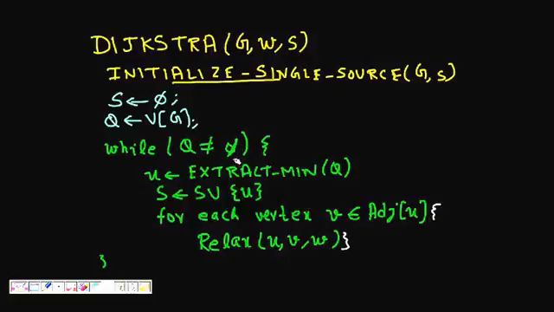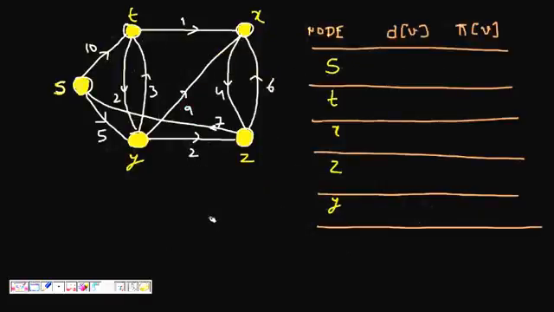We extract the smallest node first and put it in S. Then for each node V adjacent to the U just extracted, we try to relax all other nodes. So from U we relax all the adjacent nodes. We will apply it here on this graph.